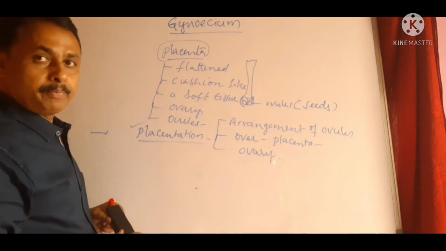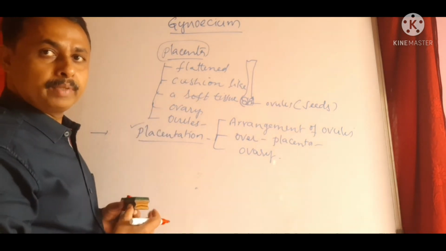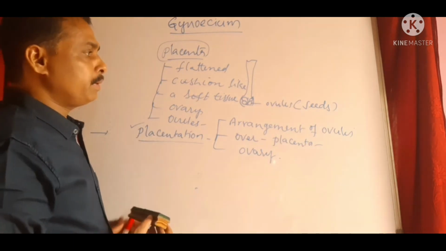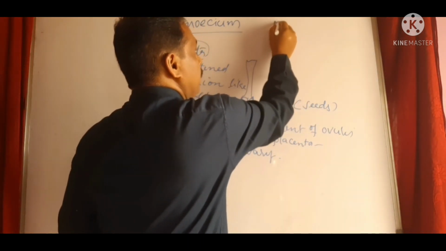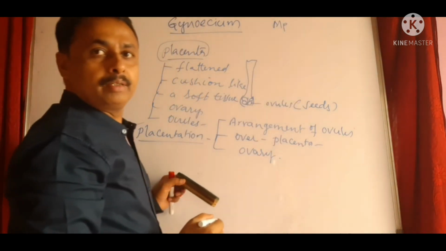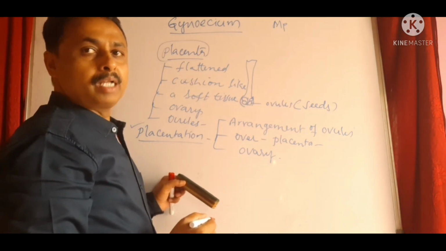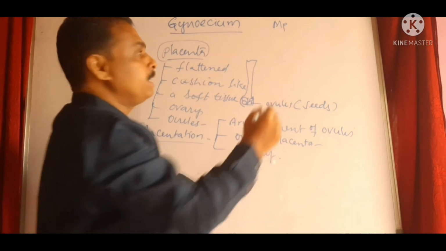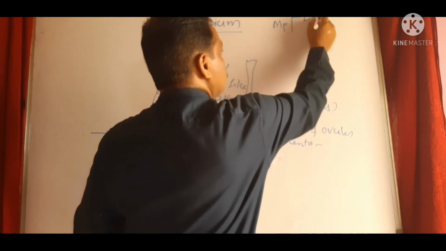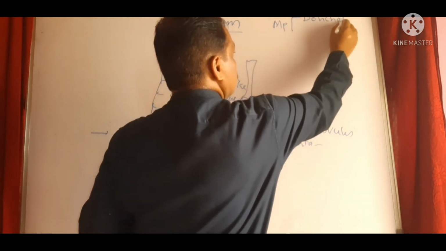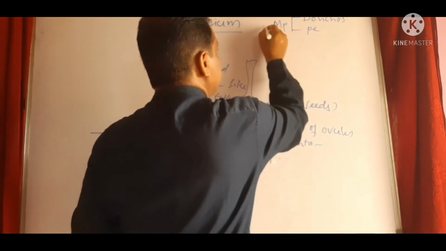We have different types of placentation. To remember them in an easy way, just keep a code. One is MP, marginal placentation, not member of parliament, marginal placentation, and the example is Dolichos and pea.